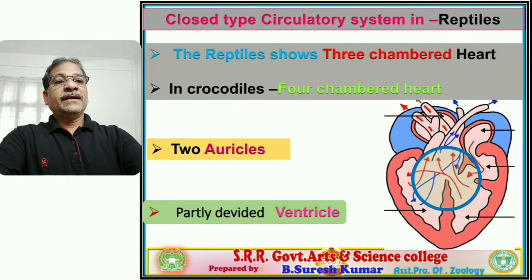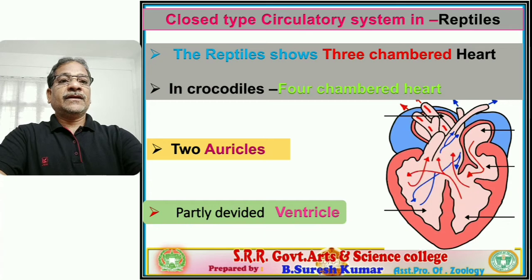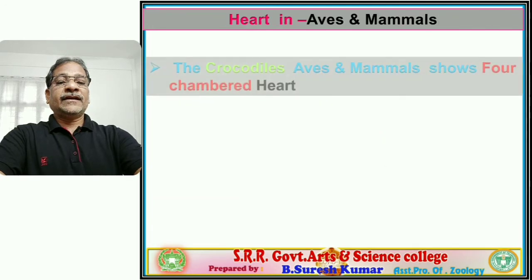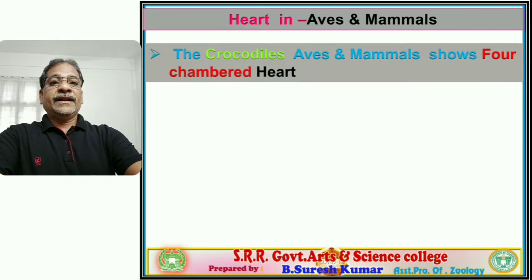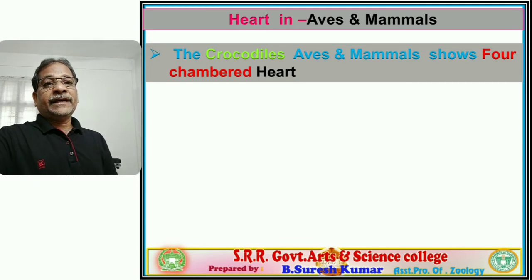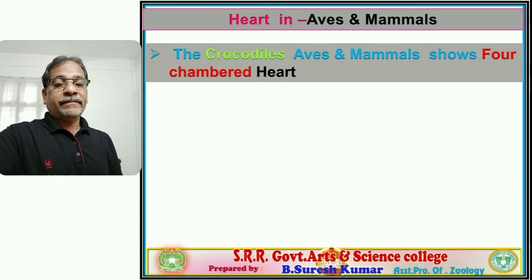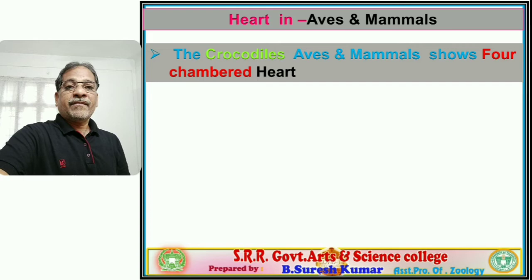So, an incompletely divided three-chambered heart is present in reptiles. So, that's why in reptiles also we found mixed blood circulation, incomplete double circulation, because the oxygenated and deoxygenated blood are going to mix.